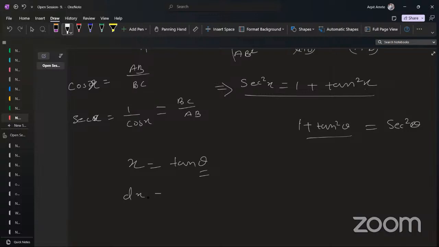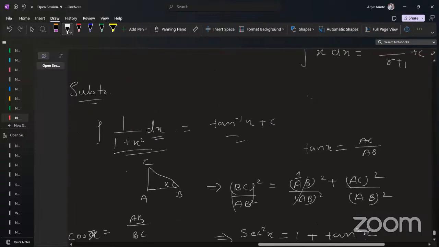If we differentiate both sides, it will be dx equals sec square theta into d theta, right? Understood up to this? It means you have to put x equals to tan theta and dx equals to sec square theta into d theta.